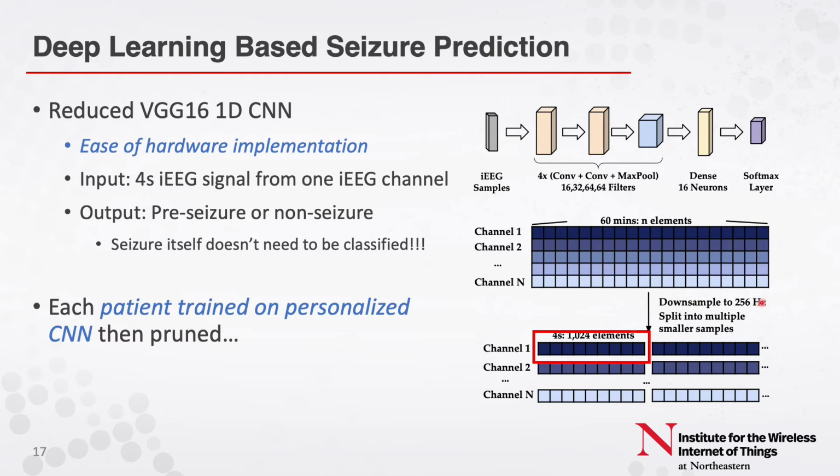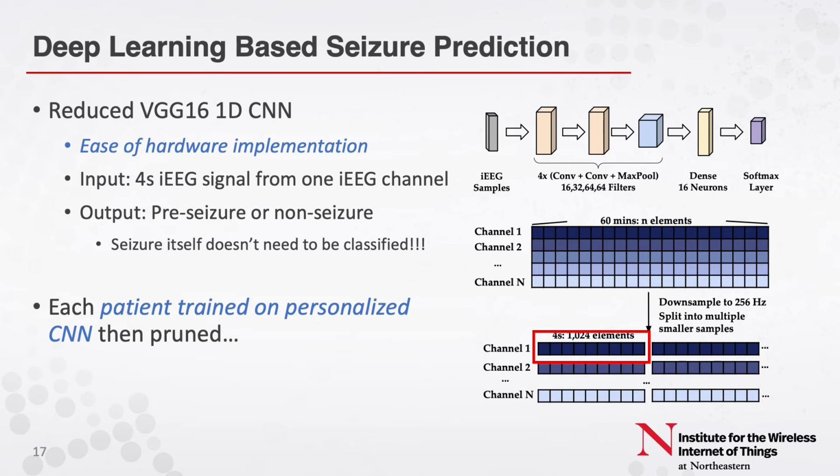We downsample that to 256 hertz. So regardless of the patient's sampling rate, the network will always see the same sampling rate. Then we take this downsampled 60-minute multi-channel matrix and break it up into smaller 4-second samples, and then take each 4-second sample and break them up into individual channels.